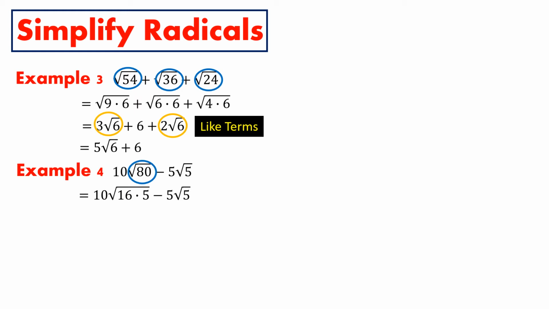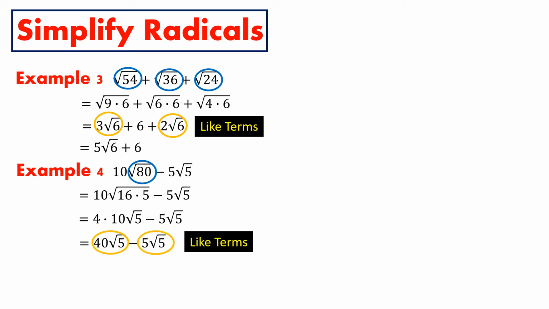Hence, we could rewrite this expression in this manner. This is also equivalent to this expression. Notice that 40 square root of 5 and 5 square root of 5 are like terms. Hence, we can subtract and end up with 35 square root of 5.